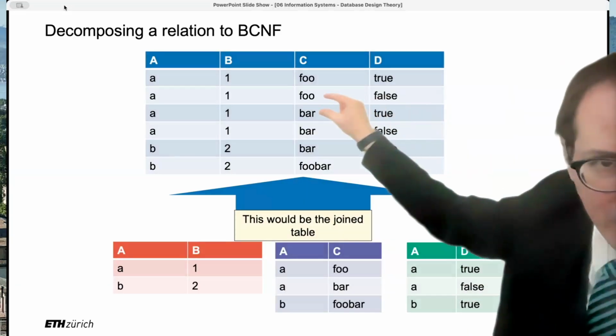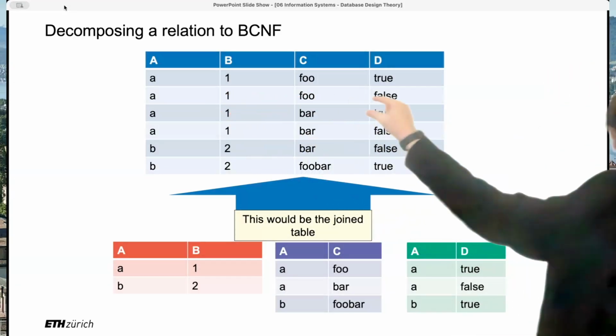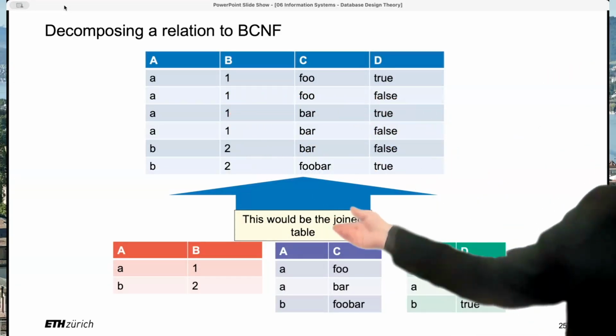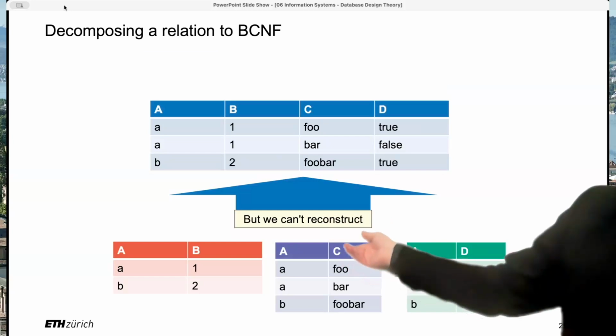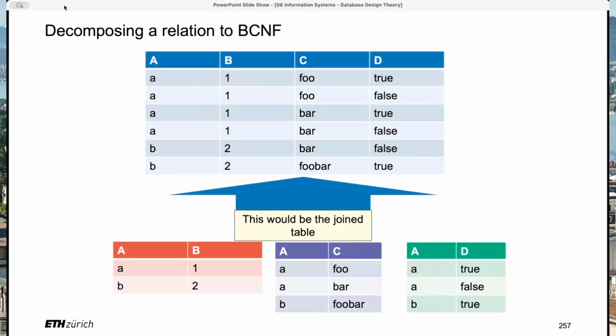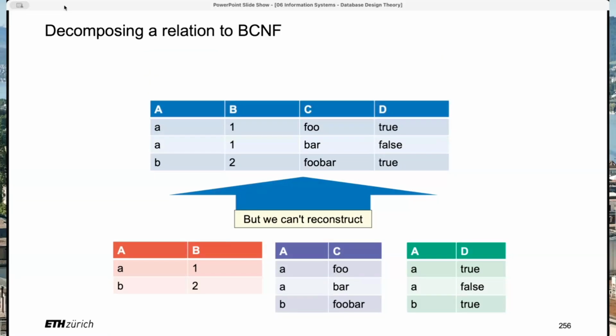So these two tuples shouldn't be in there. When we decompose in this way, we introduce these ghost tuples that have nothing to do in here, but because of the join, now they are here. So this is why you can't do that. You cannot just decompose randomly.